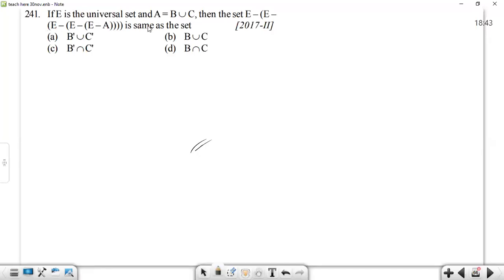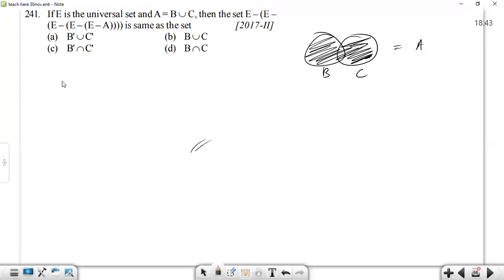So if E is the universal set and A is equal to B union C, then find the set E minus (E minus A). We have to understand that this is B, this is C, and the union of both is making set A. So this is set A. And if E is the universal set, we have to solve E minus A again and again.